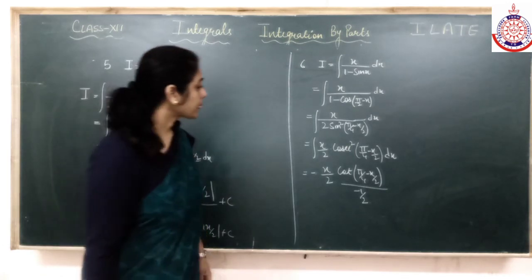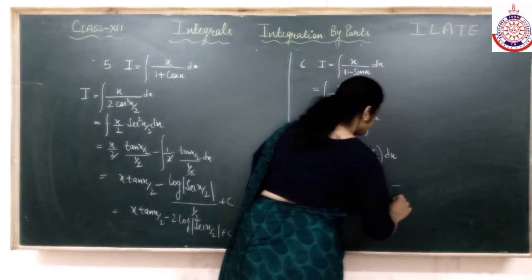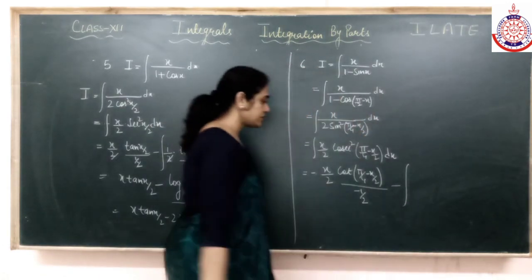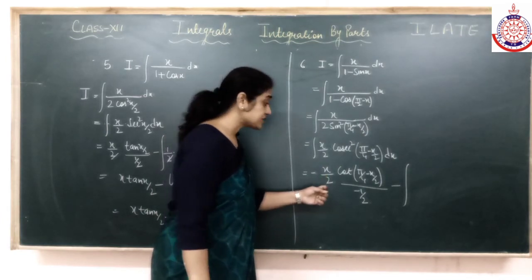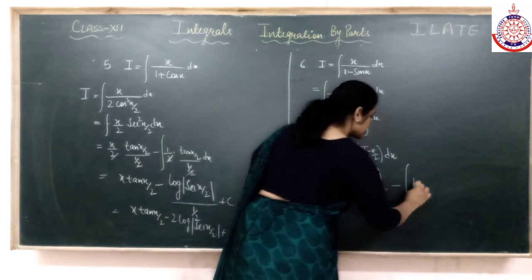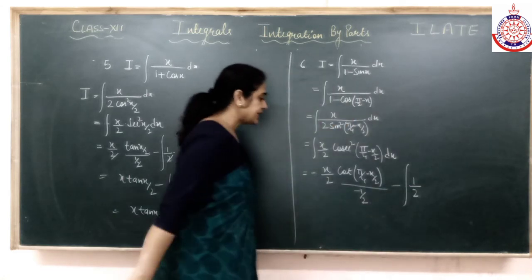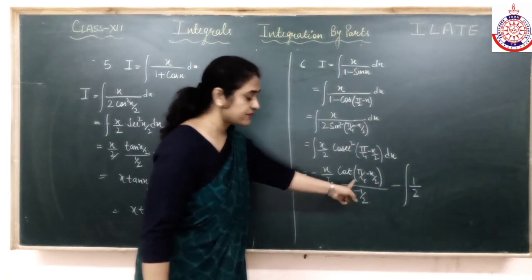Alright, minus sign of integration x by 2 की differentiation. What will be the x by 2 का differentiation? 1 by 2. And integration of cosecant square we have written minus cot.